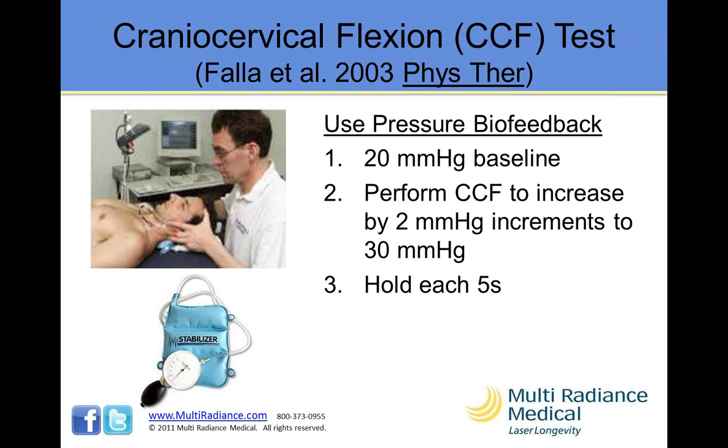They just modified the procedure for the deep neck flexors. They place the inflatable cuff underneath the cervical spine, as you can see in the picture, and inflate it to 20 millimeters of mercury and have them do a chin retraction or craniocervical flexion. It's not actually lifting the head, it's pulling the chin back towards the cervical spine, holding for 5 seconds and gradually increasing the millimeters of mercury until they get to 30.